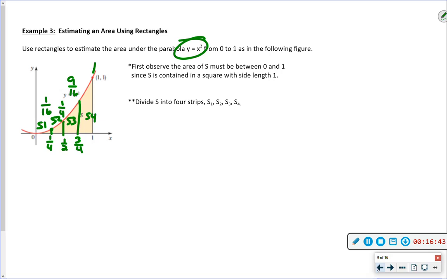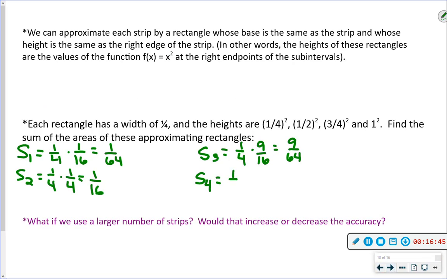We got that one right. Our approximation of the area is the sum of all those rectangles. I'm not going to write all the fractions out, we're just going to add these together, which I did earlier. And you end up with 15/32.